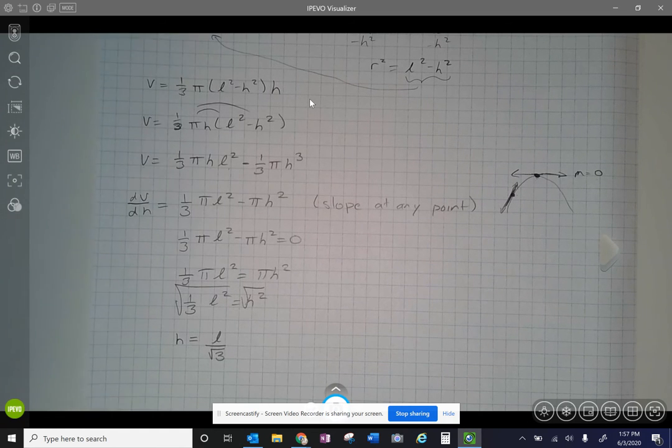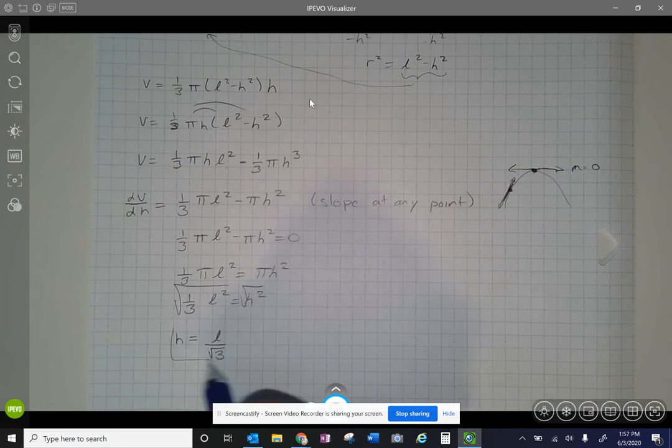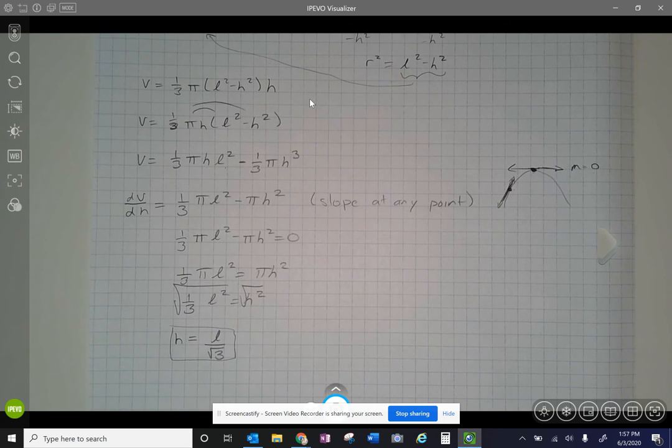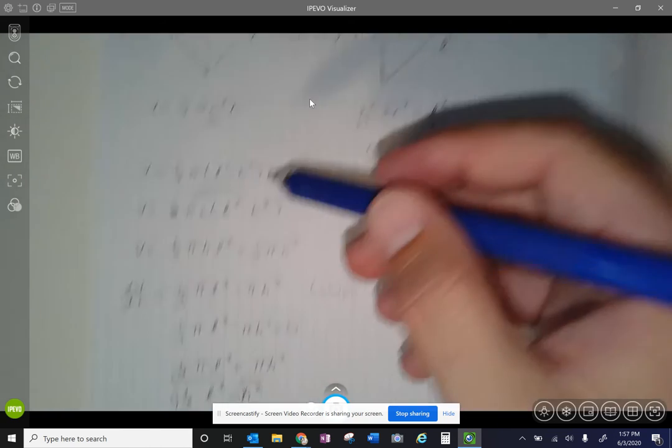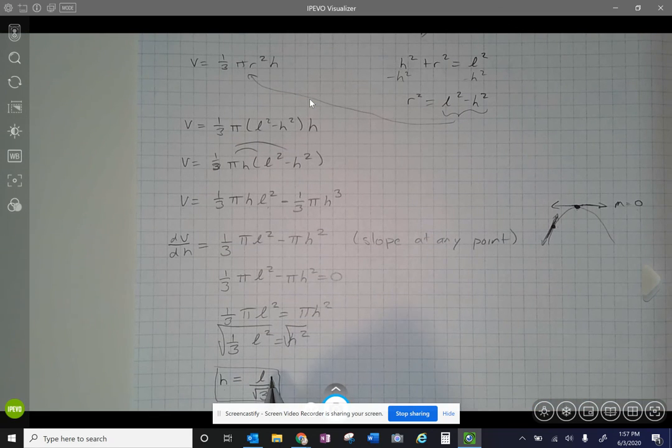Now, an alarm might go off in your head saying, oh, I can't have square roots on the bottom. Don't worry about that. But we need to understand what this means. This means that if you want the maximum volume of your cone, the height has to be the slant height divided by the square root of 3. That's what this is saying.